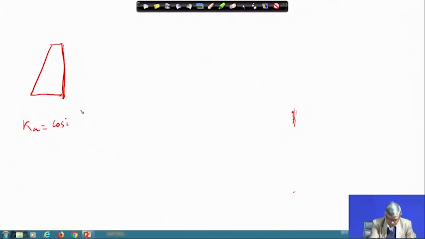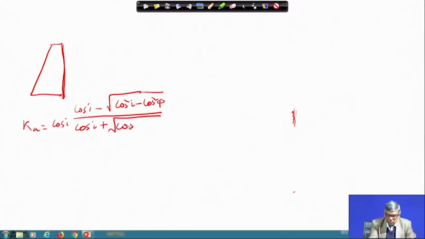So, in this one the wall was totally vertical, then your K A was equal to cos i times cos i minus the square root of cos square i minus cos square phi, divided by cos i plus the square root of cos square i minus cos square phi.